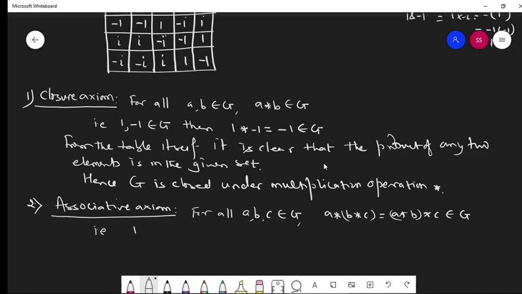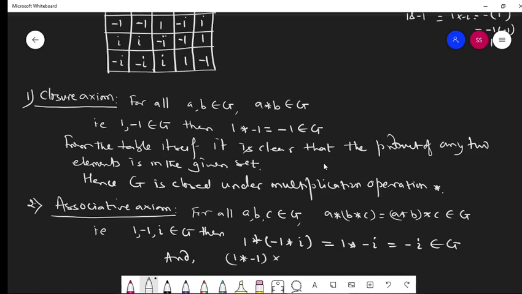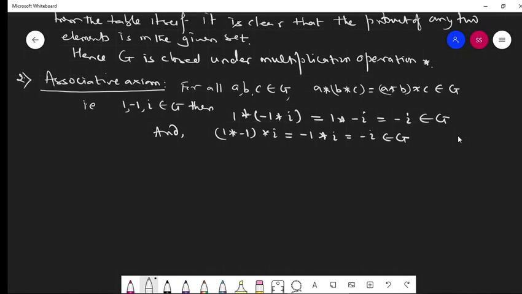Take 1, minus 1 and i belonging to G. Then (1 asterisk minus 1) asterisk i equals minus 1 asterisk i, which equals minus i, that belongs to G. And 1 asterisk (minus 1 asterisk i) equals 1 asterisk minus i, which equals minus i, that also belongs to G. Therefore (1 asterisk minus 1) asterisk i equals 1 asterisk (minus 1 asterisk i).